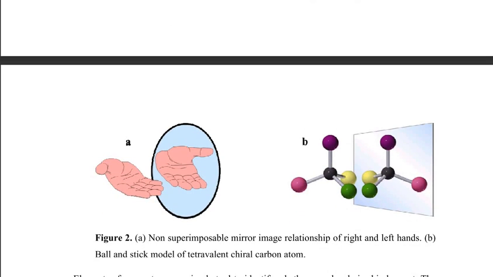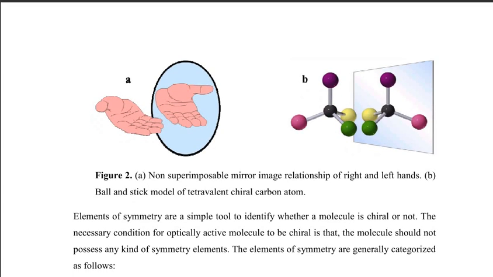This first diagram is showing a hand and the mirror image of the hand. These two, the object and the mirror image, are not superimposable, that is, these two are non-superimposable mirror images of each other.